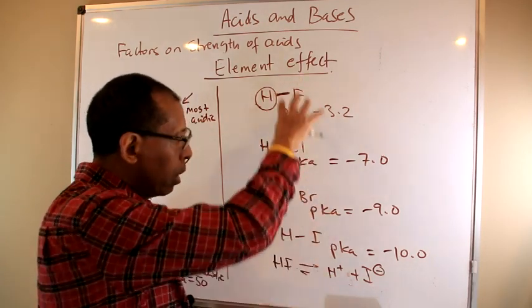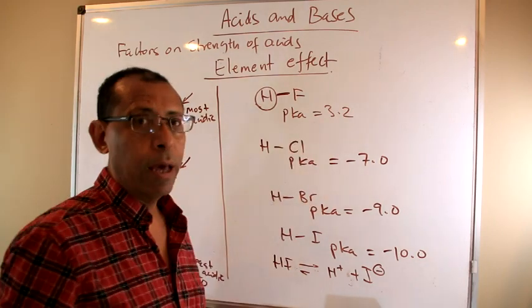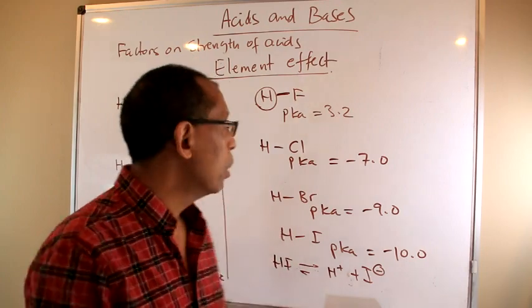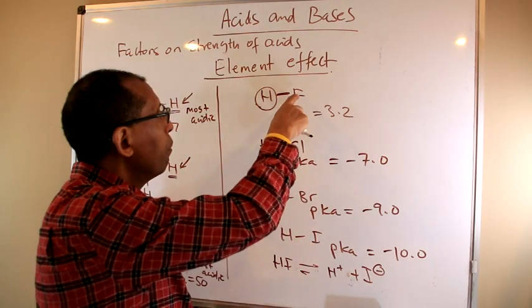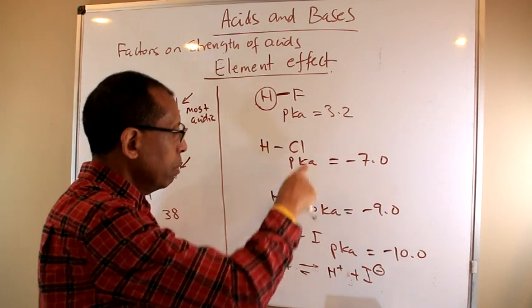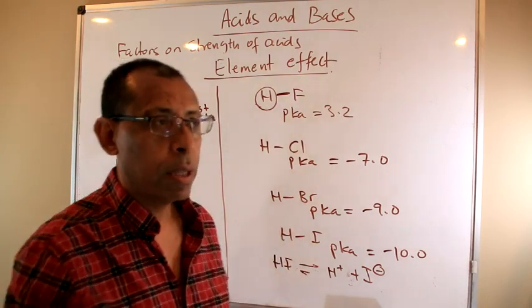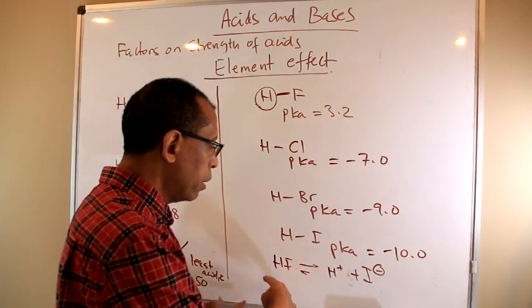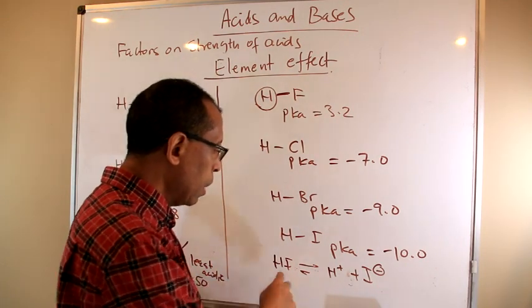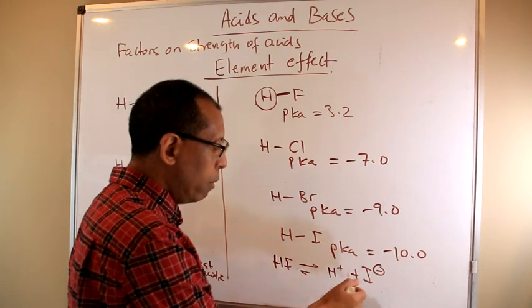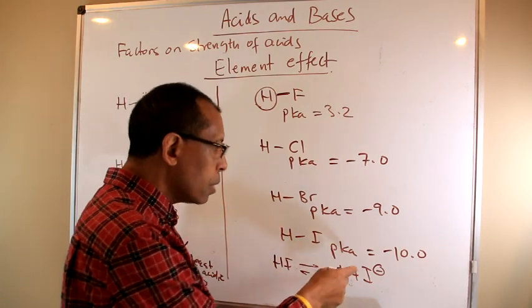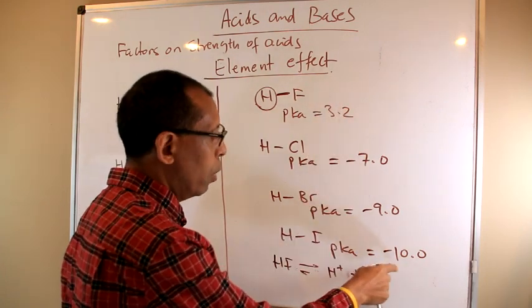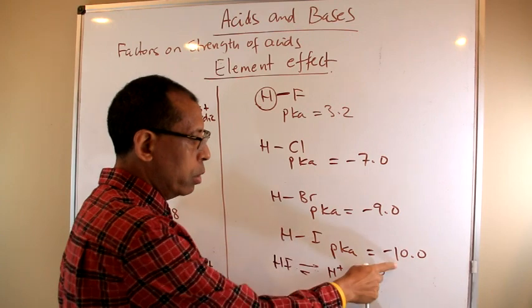So especially in the halogen family, the trend looks a little bit confusing, but you should remember it is a periodic trend from top: fluorine, chlorine, bromine, iodine. So the size increases downwards, and as the size increases, the bond length also gets longer, and it's easy to break to give you this dissociation. So don't be confused about which one is the most acidic one. It would be hydroiodic acid with a pKa of minus 10.